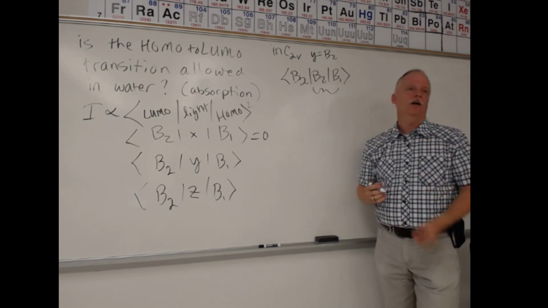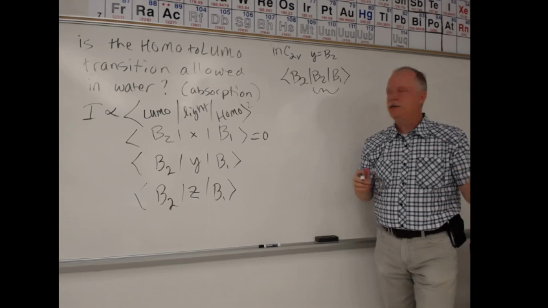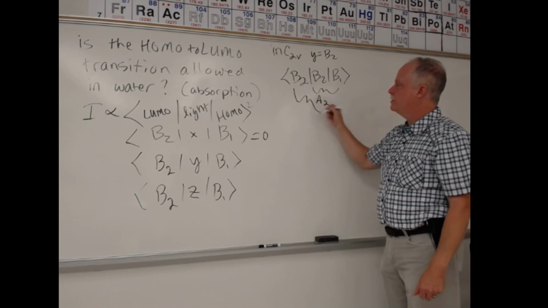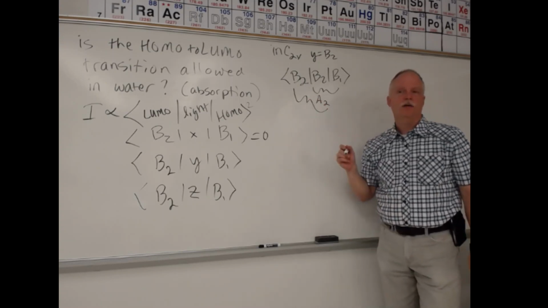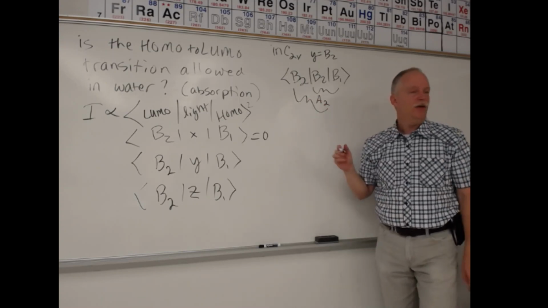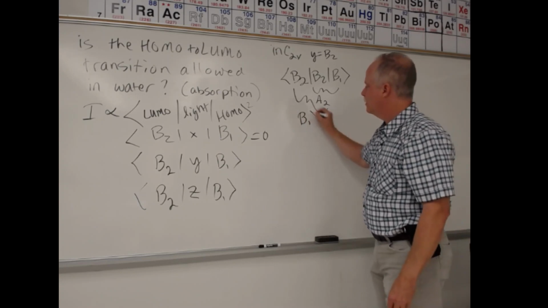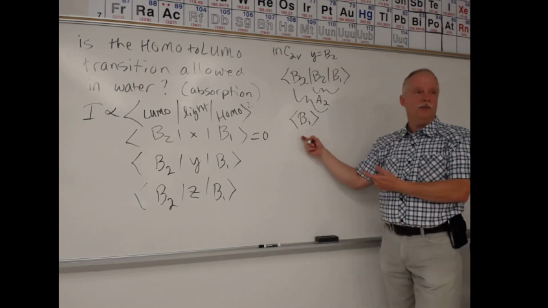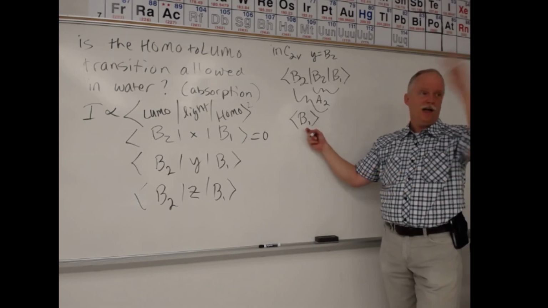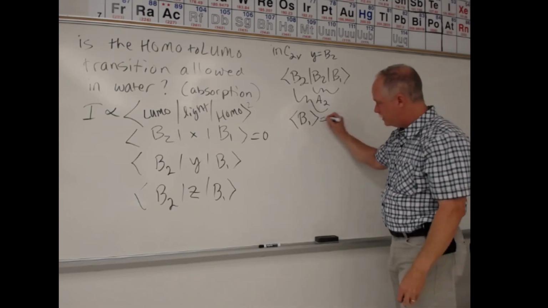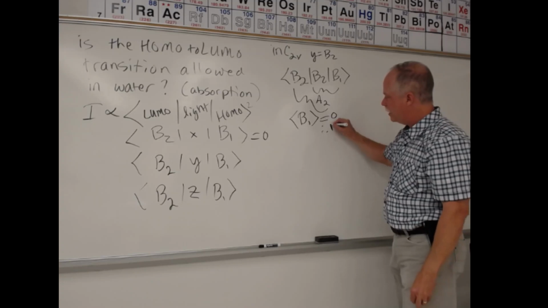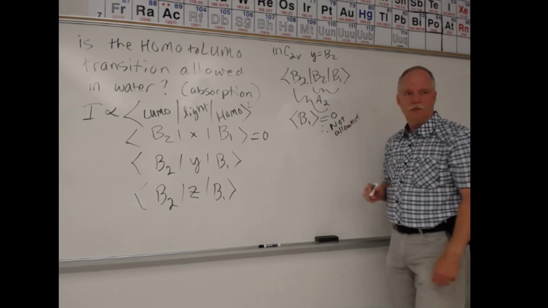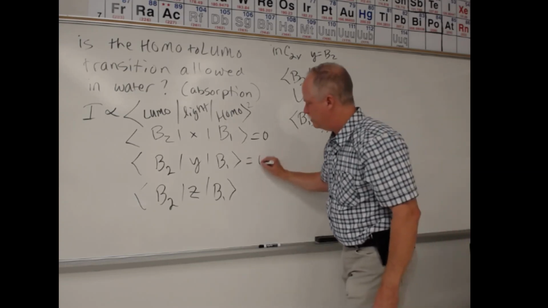I have to look that one up. A2. All right, and then we have B2 times A2. You look at the direct product table, B1. So this is the integral over all space of a function that has the symmetry of B1, and that's not top row. So I know that's equal to 0. Not allowed. Okay, so this one's equal to 0.